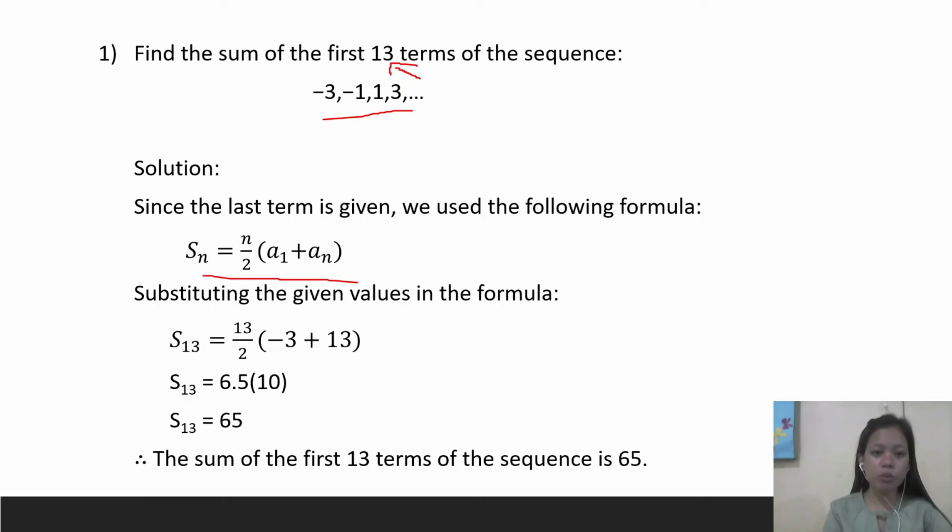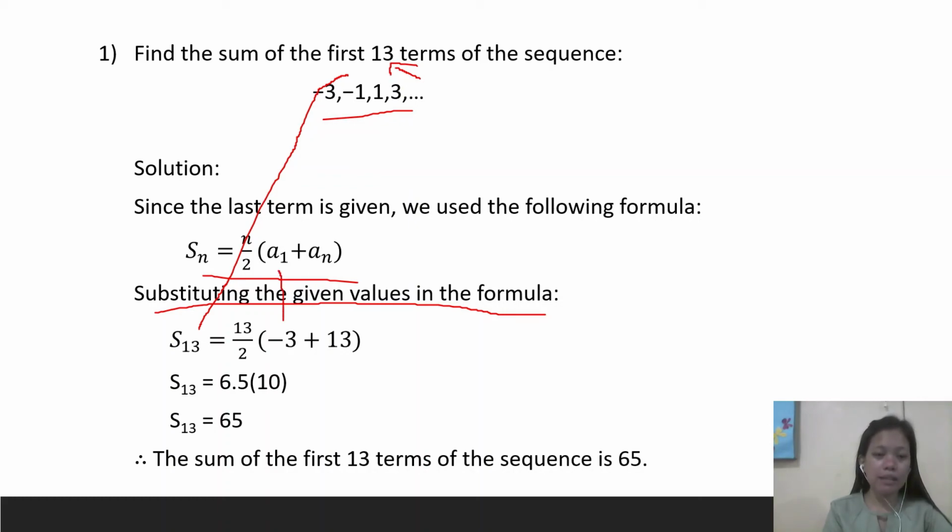Substituting the given values in the formula, we have S sub 13 is equal to 13 over 2 times negative 3 plus 13, since negative 3 is our a sub 1.